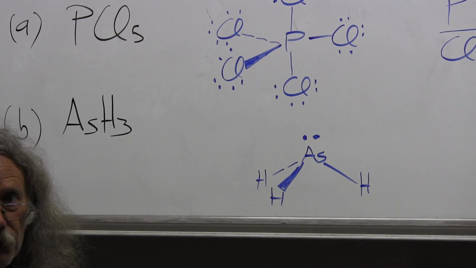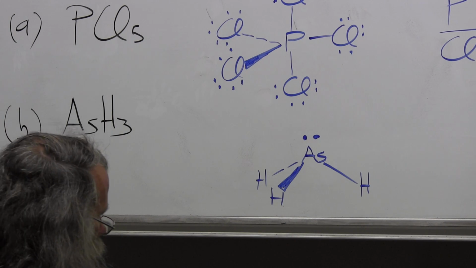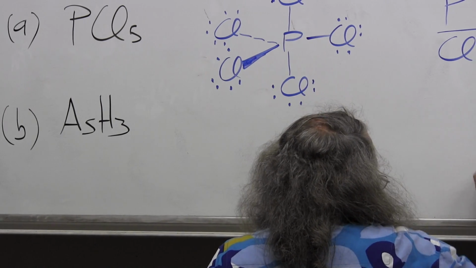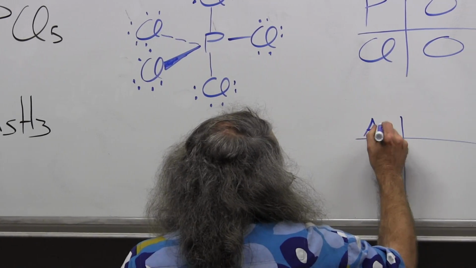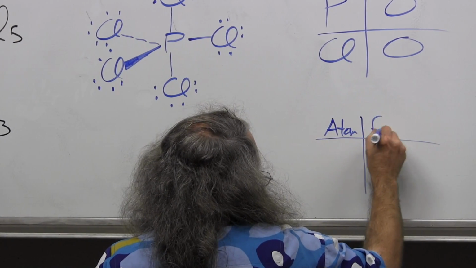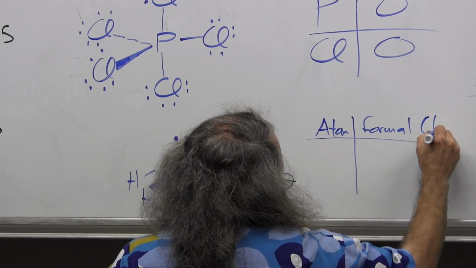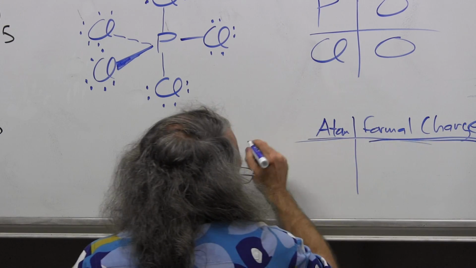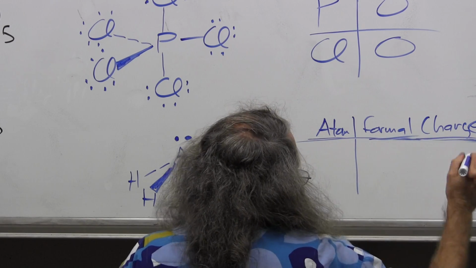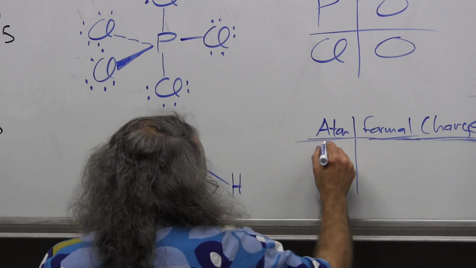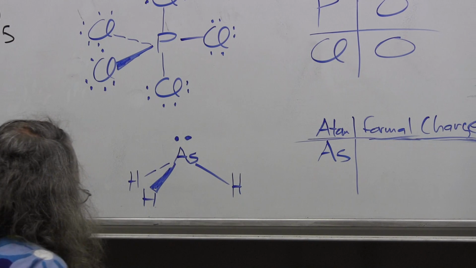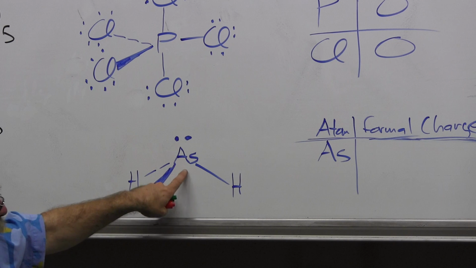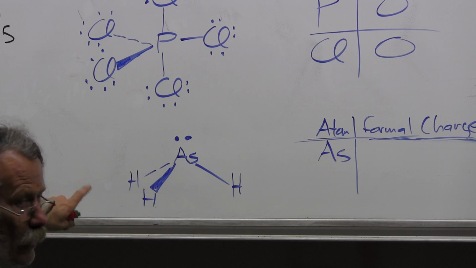And so now all we need to do is assign formal charge. Well, you can see, and I'm just going to go over here and make my table, the atom and formal charge. For the atom being the arsenic, I have 1, 2, 3, 4, 5 electrons, and it's group number 5. 5 minus 5 is 0.